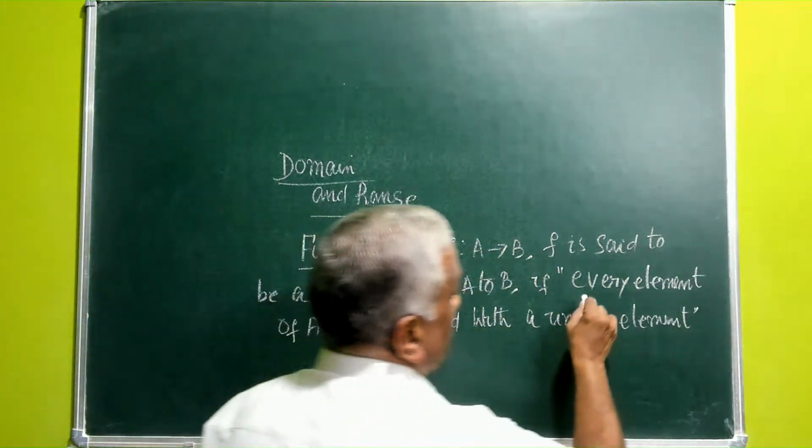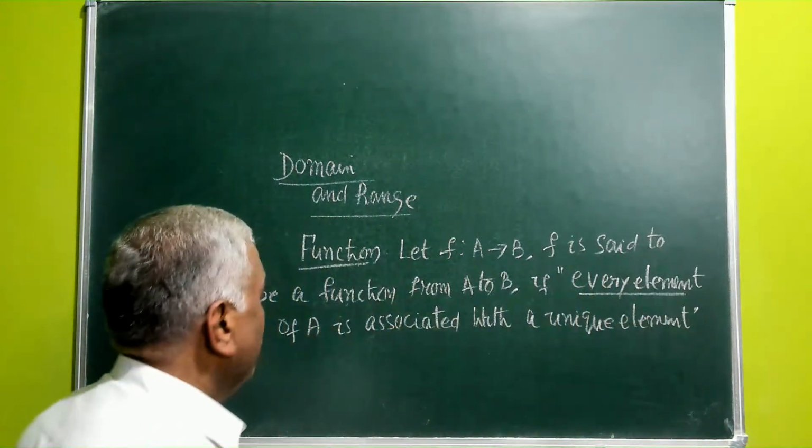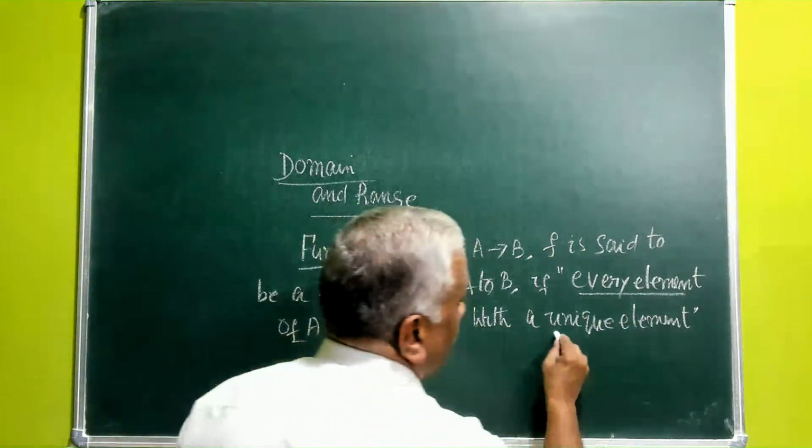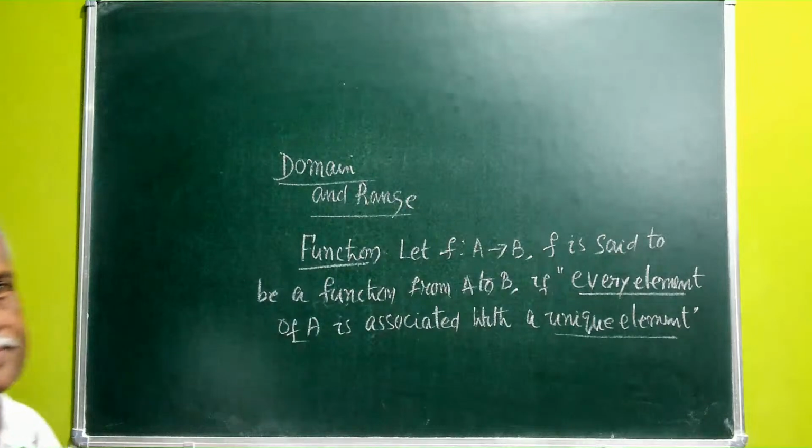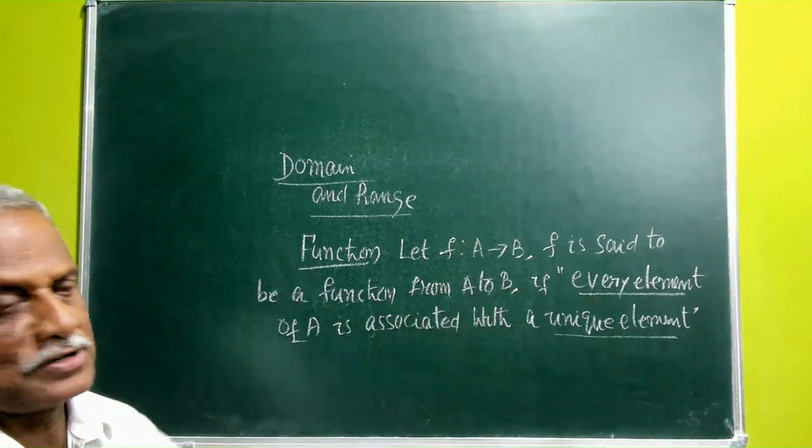The two words are very important: every element of A and unique element of B. Then only it's said to be a function.